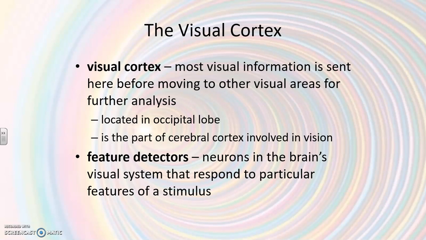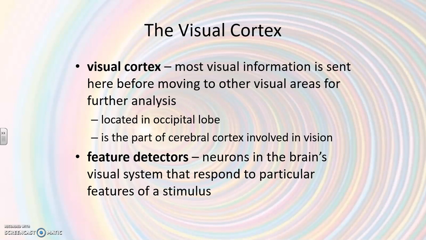Feature detectors always make me laugh because the definition is pretty much that it detects features. They are neurons in the brain's visual system that respond to particular features of a stimulus. They detect specific features.